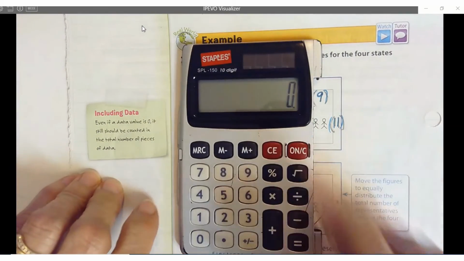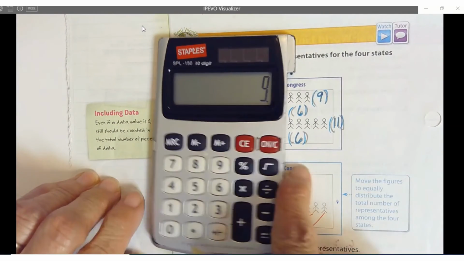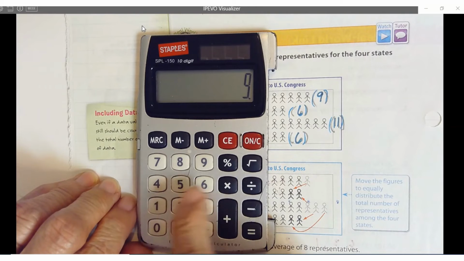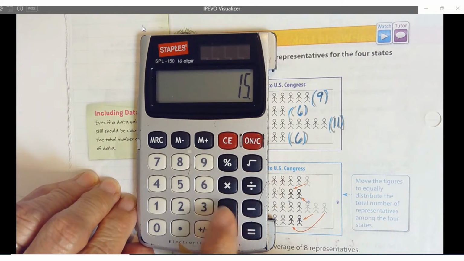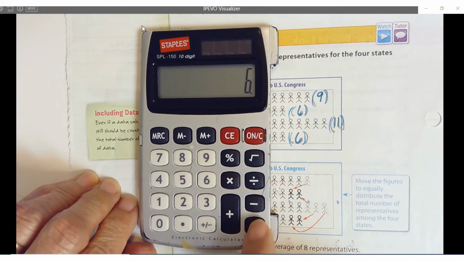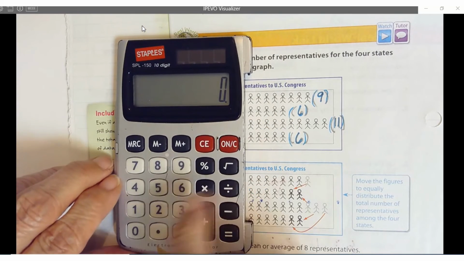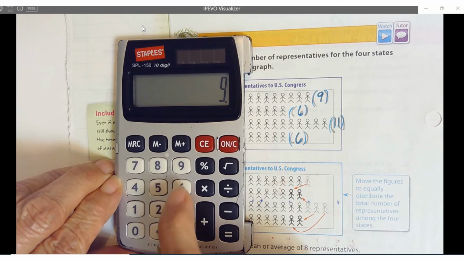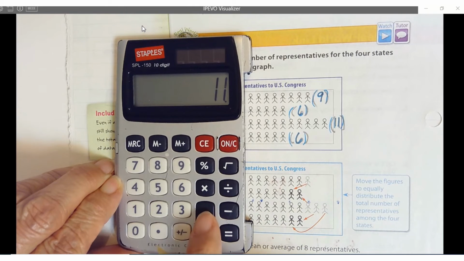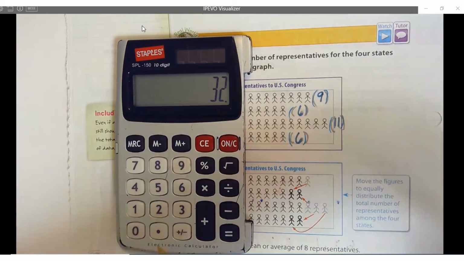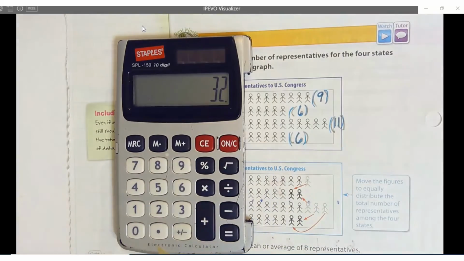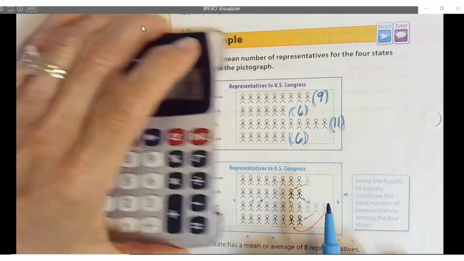Let's check our work. 9 plus 6 plus 11 plus 6 equals 32.